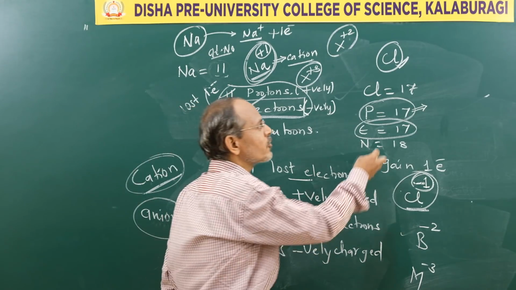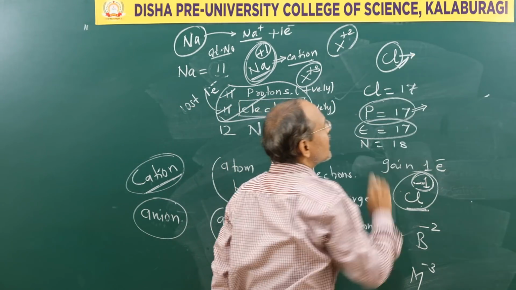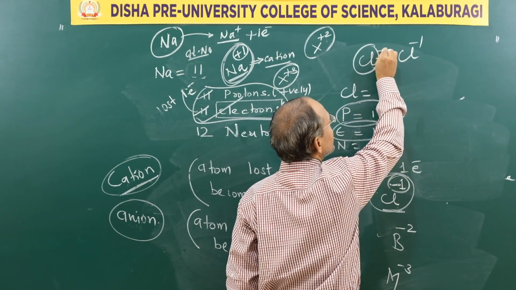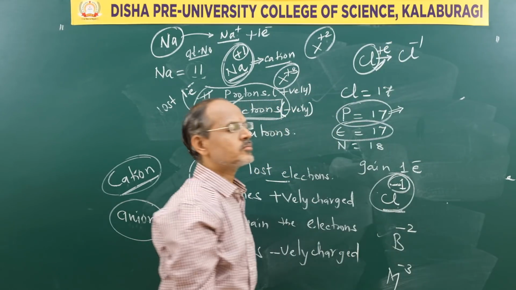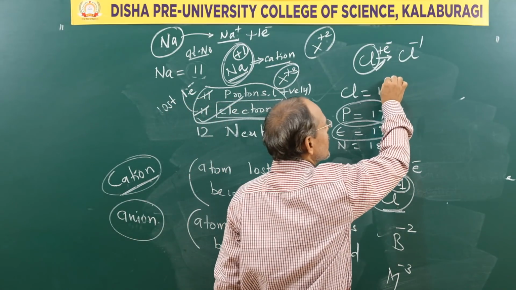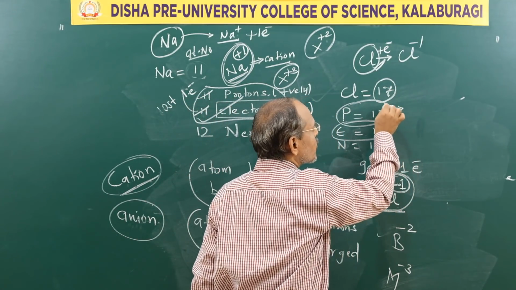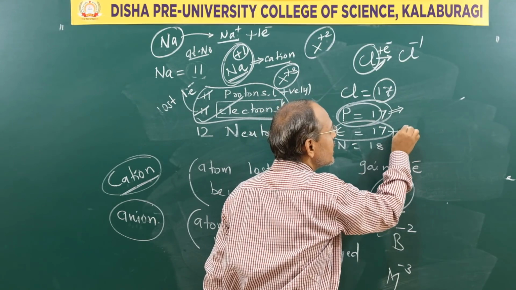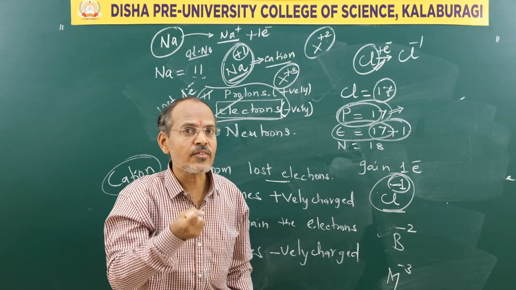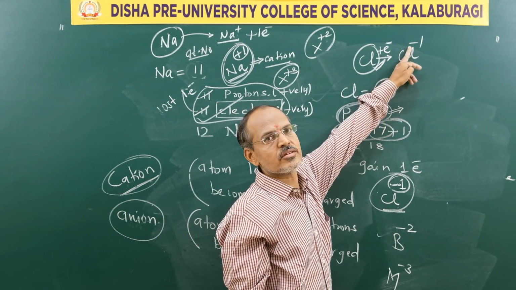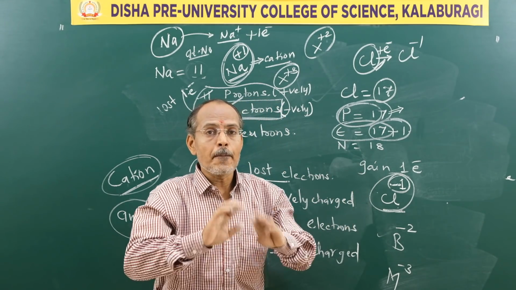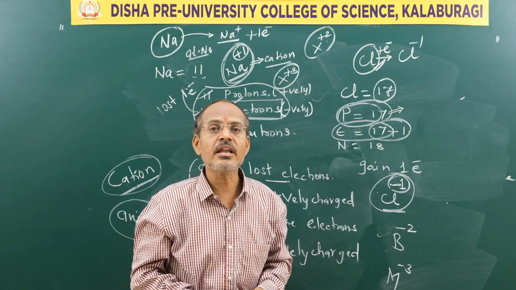Like that, here also, if I write Cl minus, here I will write plus one electron. What does this indicate? It contains 17 protons but 18 electrons, that means gain of an electron, that's why it is minus. Like that, minus 2 means gain of 2 electrons, minus 3 means gain of 3 electrons.